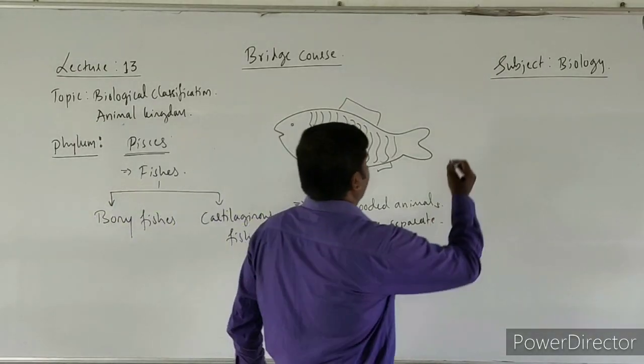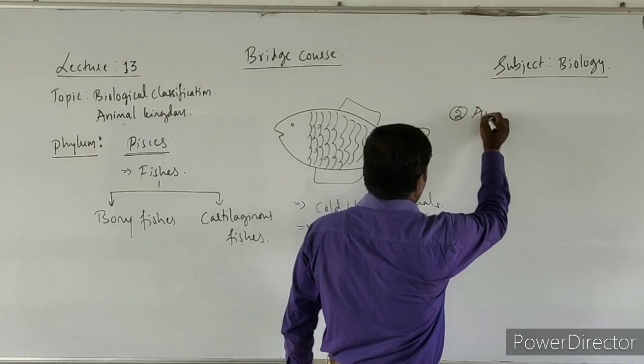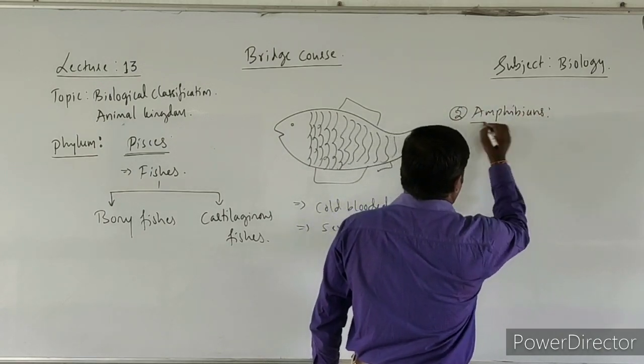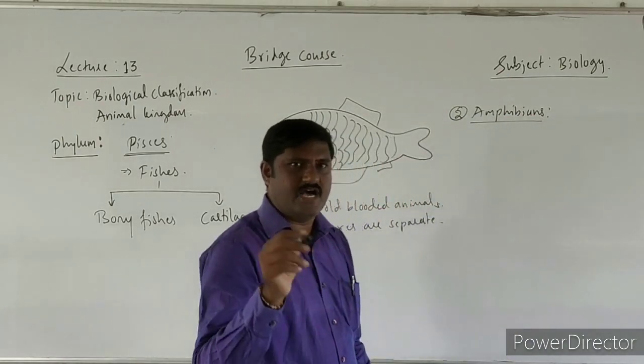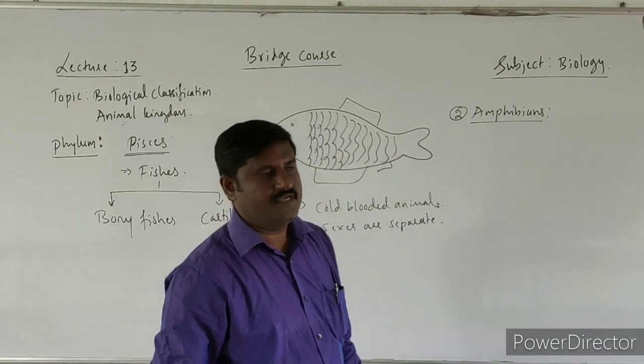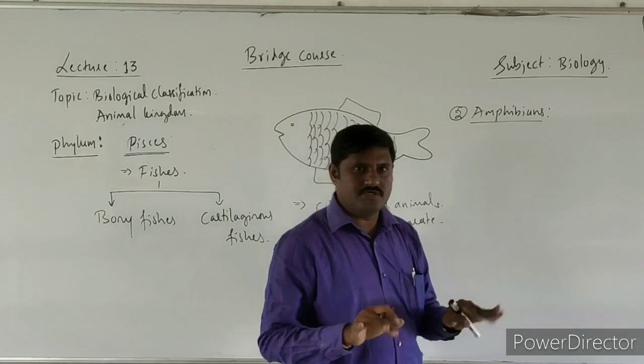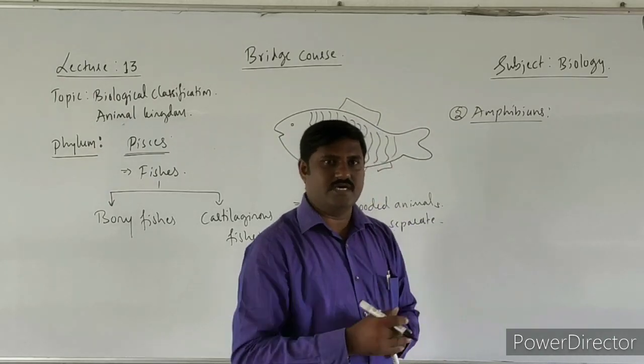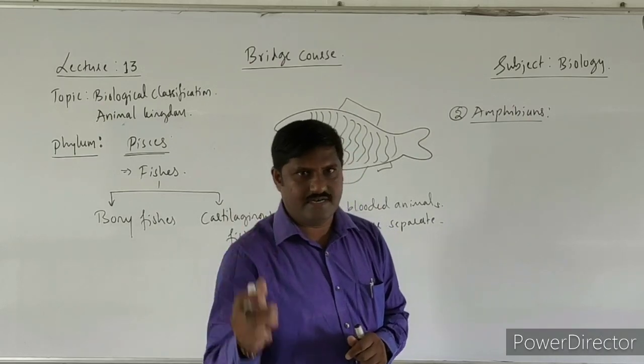And the second group of animals is amphibians. Amphi means two, bios means living places. These are the animals which adapt themselves to living in water as well as on land.